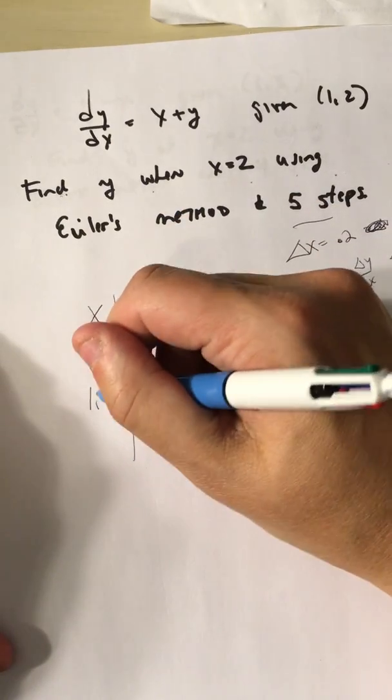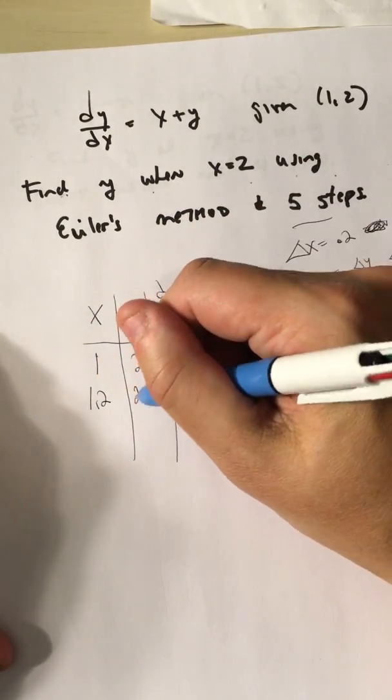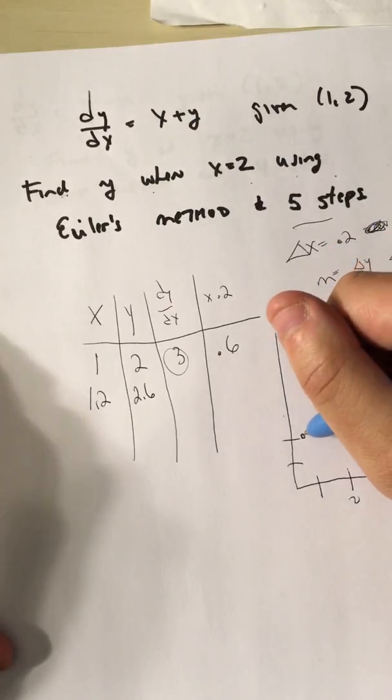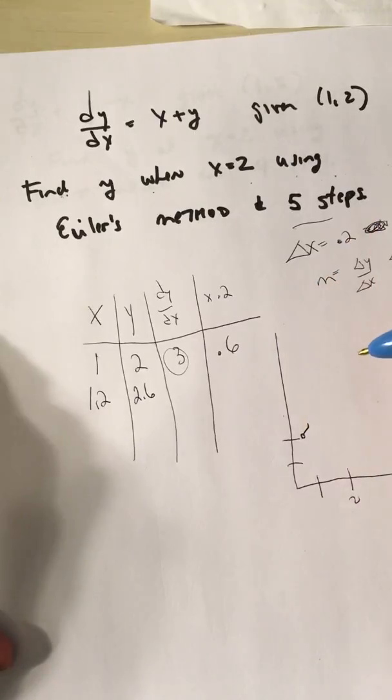I'm moving over to 1.2. Moving over 0.2, I would go up 0.6 to get to 2.6. On my little graph here, I'm only moving a little bit over, just to 1.2.